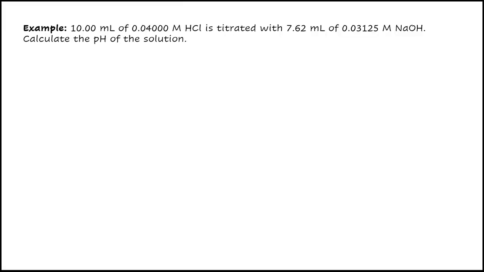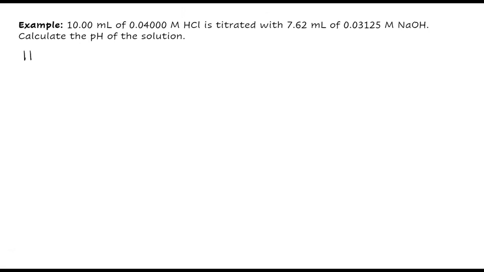So let's work through an example. Our NaOH titrant in this problem is greater than 0 milliliters, so we know we need to set up a millimole table. First we'll calculate the millimoles of each reactant, then we'll set up the table.